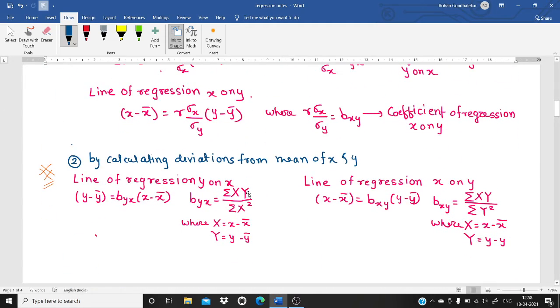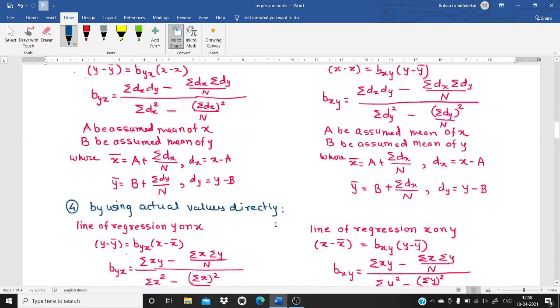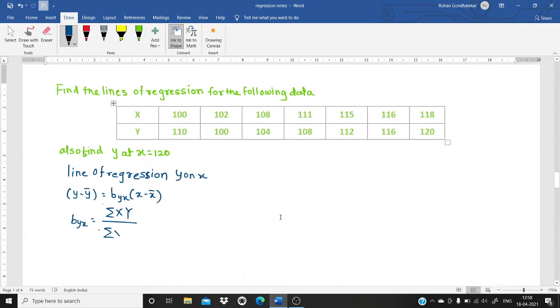Here the numerator, summation x into y, is common; the only difference is the denominator. The second variable I'm using here is x for byx, so we divide by summation x square. For bxy, the second variable is y, so I divide by summation y square. This way you can remember the formula.